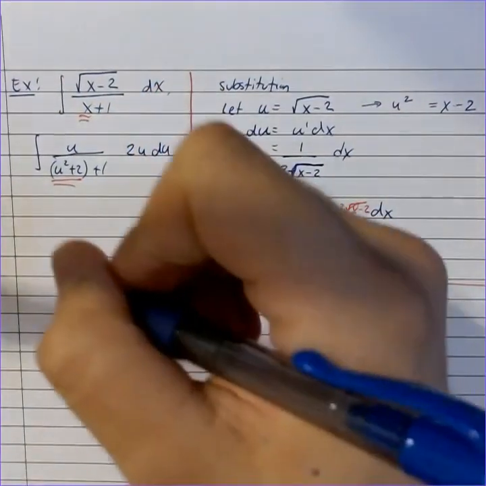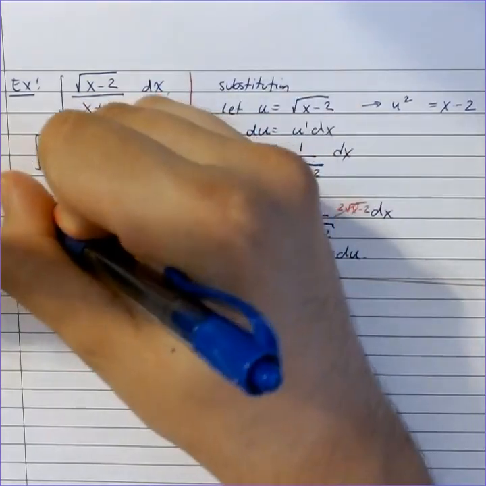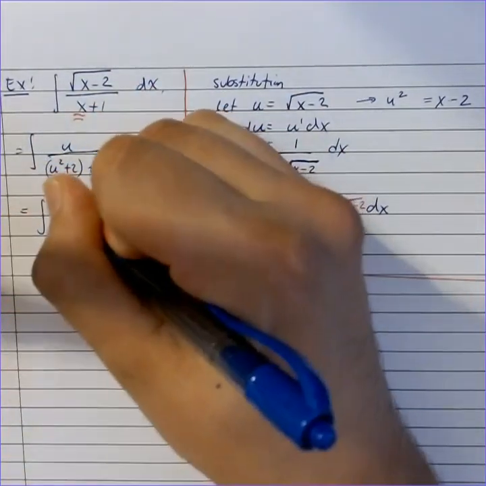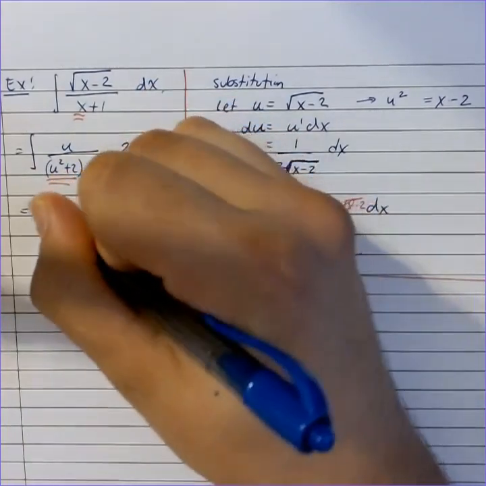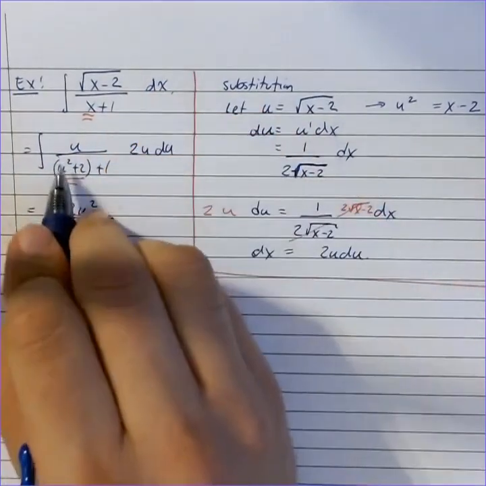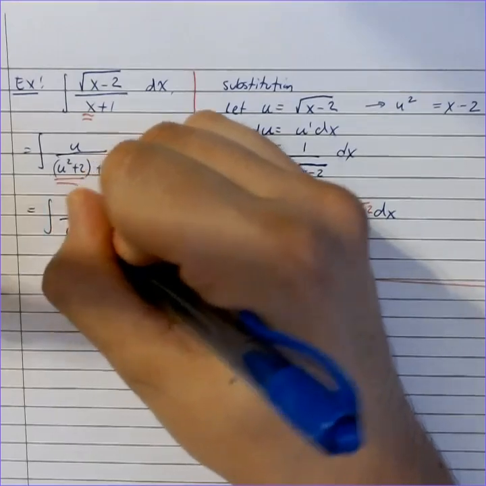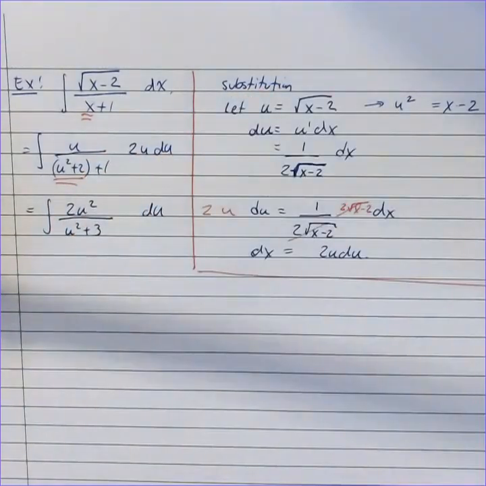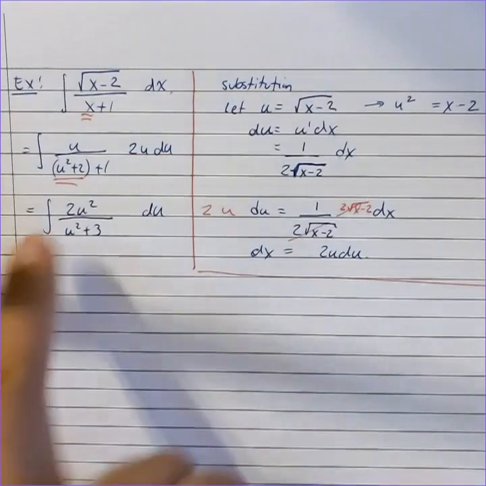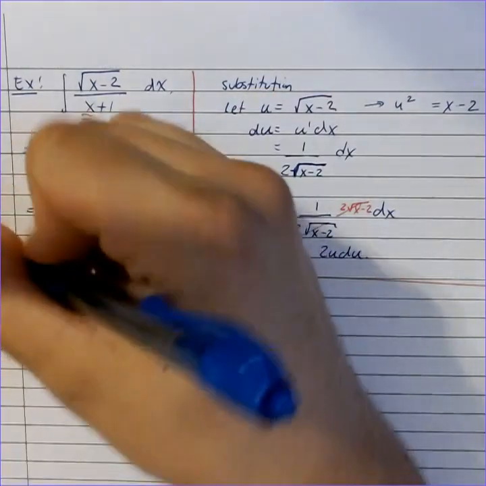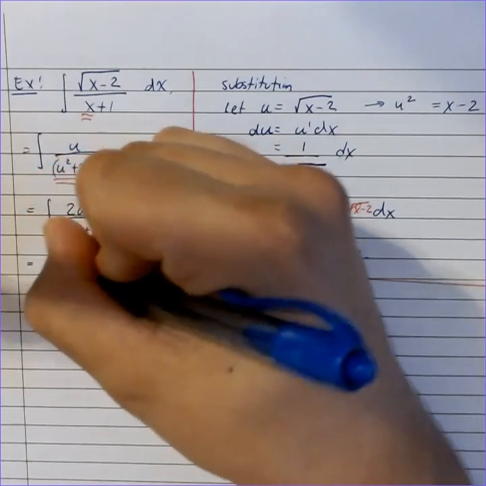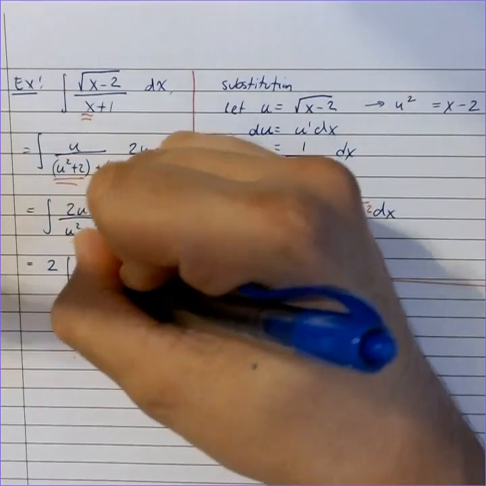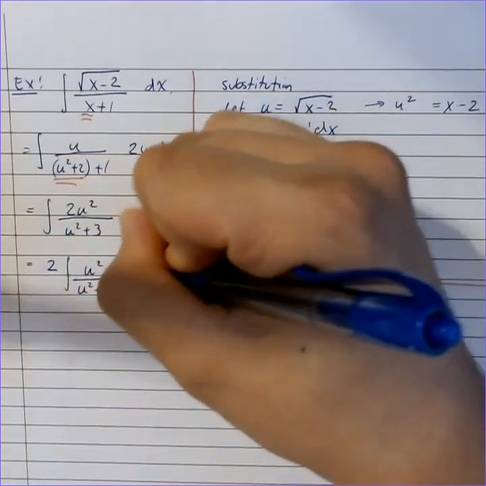So let's rewrite that just a bit. We can write this as the integral of, let's see, 2u times another u, that's 2u squared, over the denominator u squared plus 3, du. Like that. That 2 is a constant. We just factor that out. So we can write that as 2 integral of u squared over u squared plus 3 du.